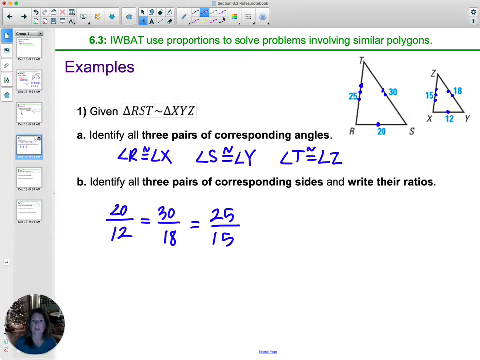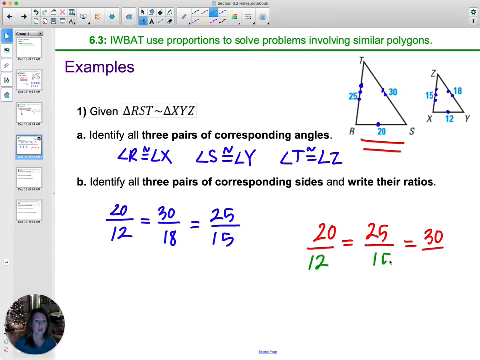One other way I sometimes do it is going least to greatest in one figure. I'll take one of the shapes and write the sides in order from smallest to biggest, because when they're similar, the other shape has to go in order from smallest to biggest to correspond. That way you make sure you get all of the sides. So either way works.